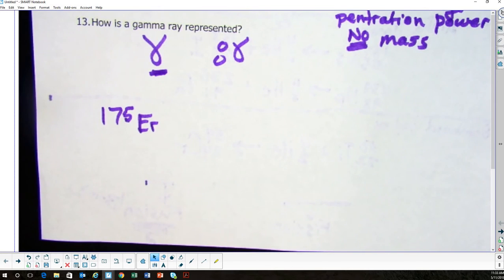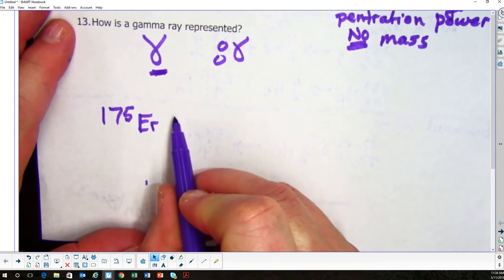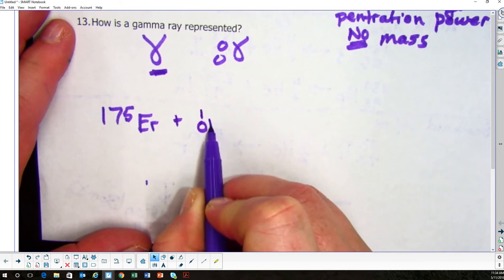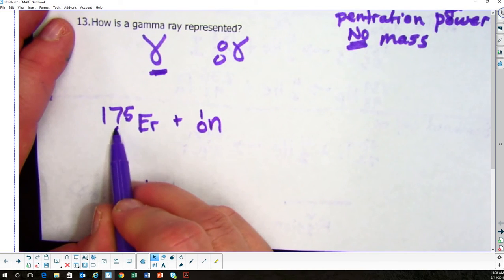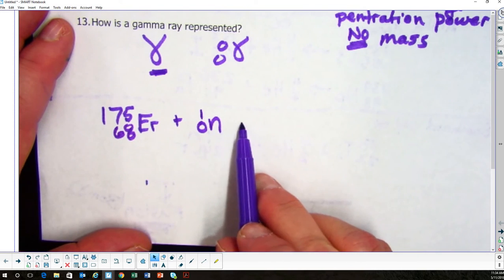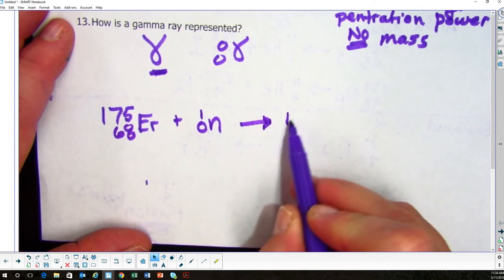It's down in the F. So when it captures something, it's on the reaction side. So you're going to add what particle? A neutron. Is it changing the mass? 175 plus 1 is 176. So if you did it correctly, what should you get? 176 erbium.